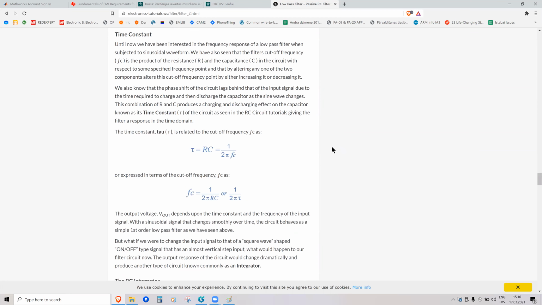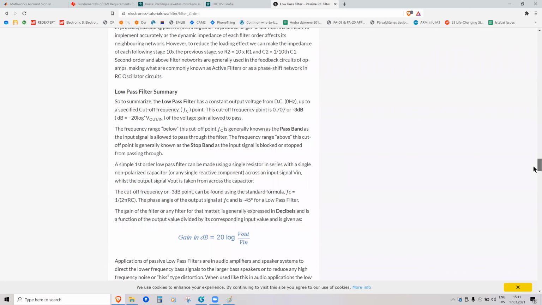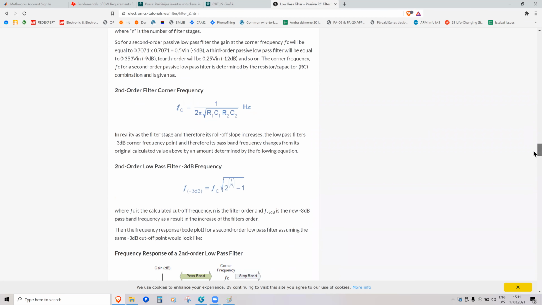Okay, this time constant, or maybe it's 1 divided by RC, not the square root of R times C, because that is the time constant.